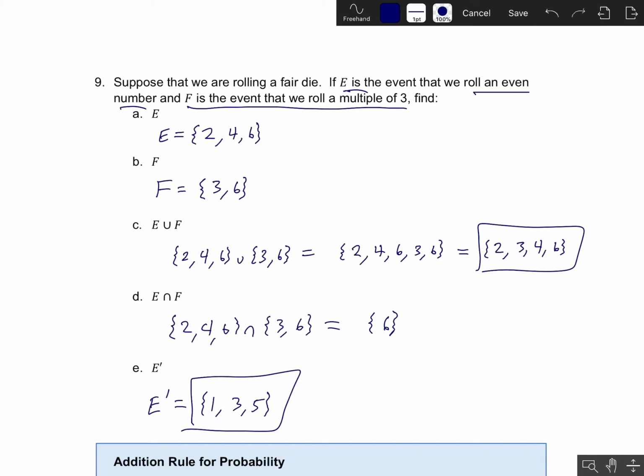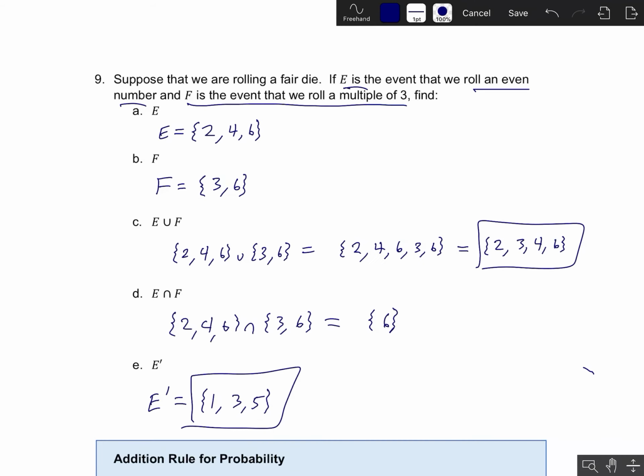So if it helps you to take the complement in terms of just thinking about what the original event was, then that's totally fine. So if you want to just think that the complement of even is odd, or the complement of heads is tails, then that's fine. But you can also compute the complement by just thinking about what elements are missing from this original event in terms of your total sample space.